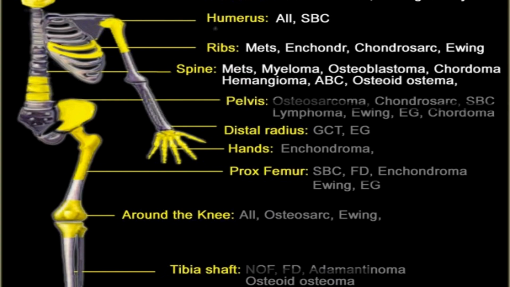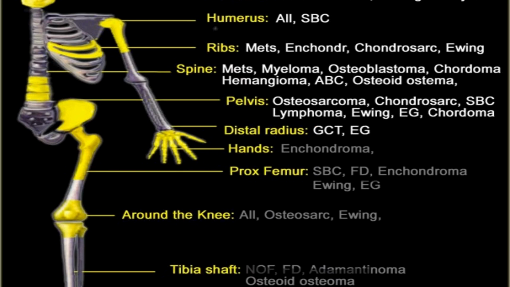In spine: metastasis, myeloma, osteoblastoma, chordoma, hemangioma, aneurysmal bone cyst and osteoid osteoma. So spine is more prone to bone tumors. Pelvis: osteosarcoma, chondrosarcoma, simple bone cyst, lymphoma, Ewing sarcoma, eosinophilic granuloma and chordoma.